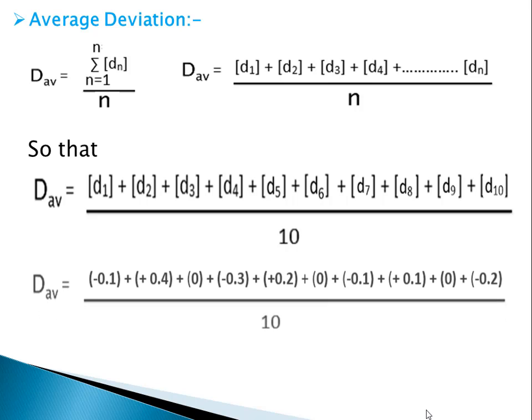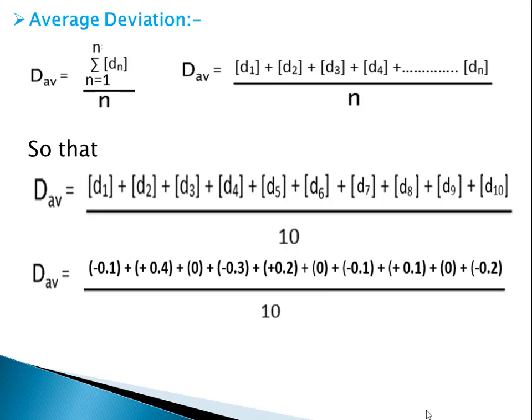Here substitute the value of deviation. After substitution, DAV becomes 1.4 divided by 10, and after calculation DAV is equal to 0.14 ohm. This is how we can find the value of average deviation.